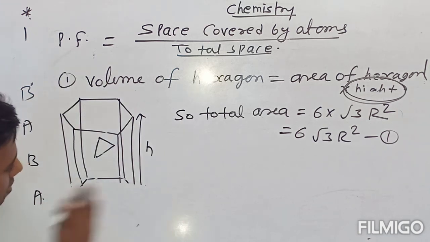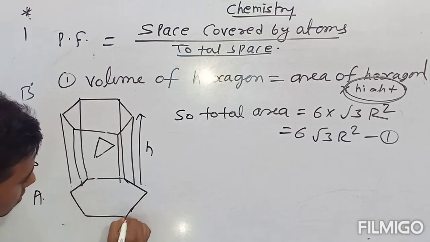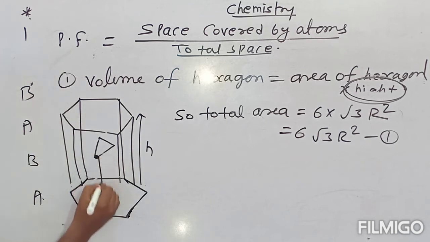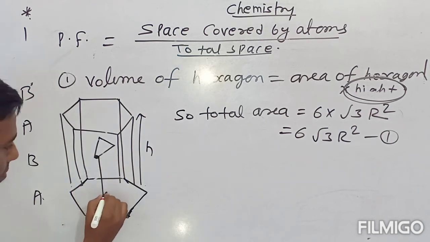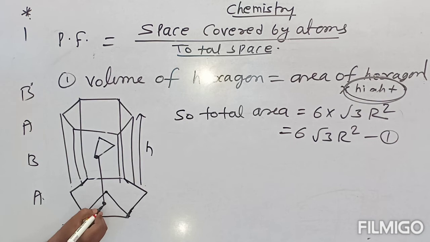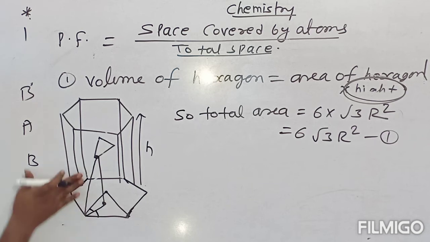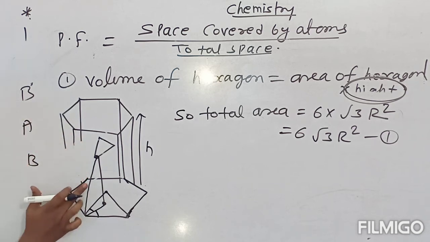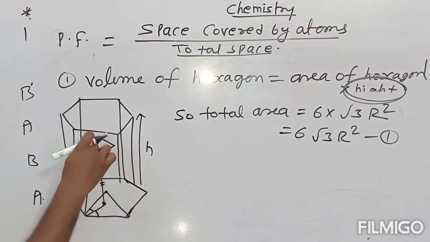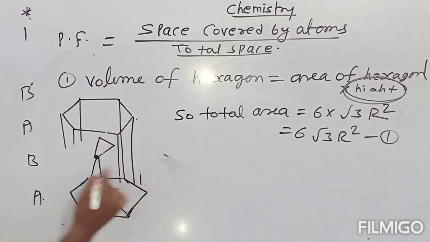This is the equilateral triangle. And this height, I want to find this height, h by 2. Triangle ABC.